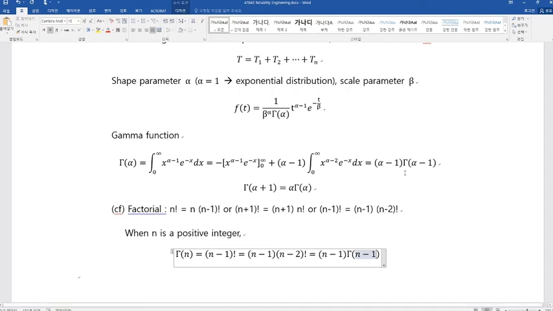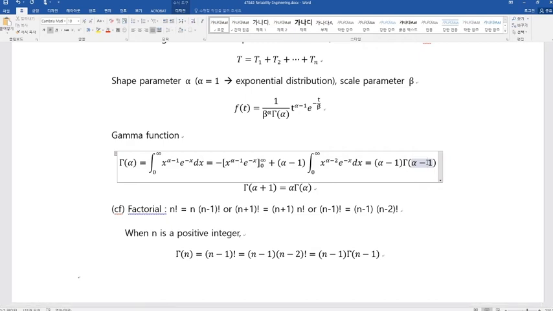So this is the equation that we could see here. The gamma function has very similar characteristics compared to factorial.